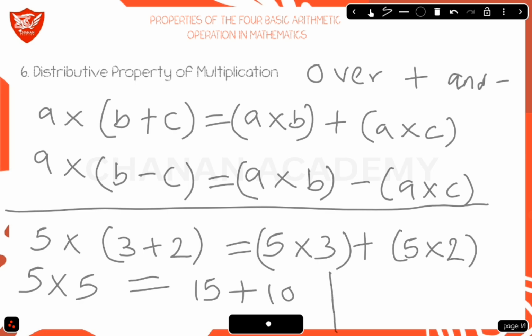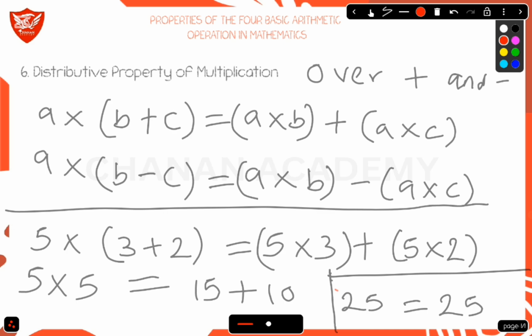Let's write the other result in this little box because our board is already filled up. 5 multiplied by 5, the result will be 25. So 15 plus 10, the result is 25. So our answer, the left hand side is equal to the right hand side, which means it's distributive over addition.